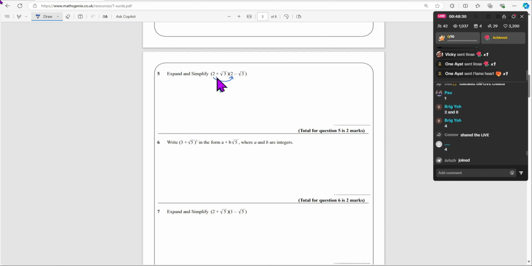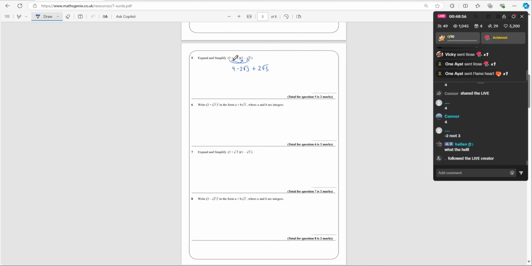We get negative 2 root 3. Whenever we're multiplying a number by a surd, you just join them up. Then we're going to do root 3 times 2, which is positive 2 root 3. And now, this is when people mess up.